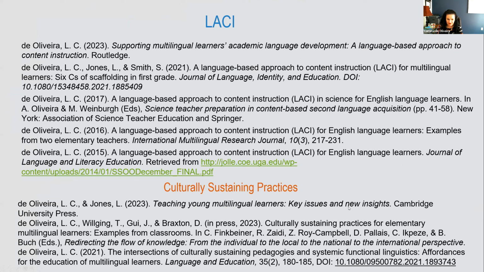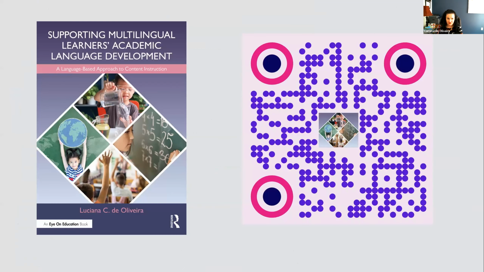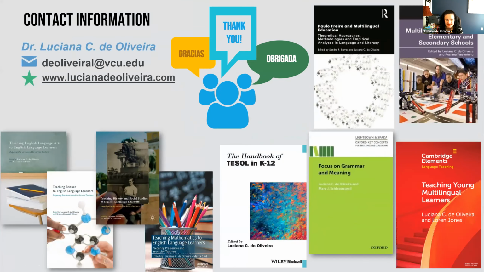For LACI, some of these examples. And here's another QR code for my book. And that's my contact information and a few of my books if you're interested in learning more.